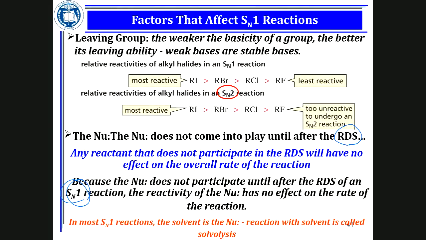So in SN2, the nucleophile comes in before the leaving group has left, but in SN1, the nucleophile is going to wait until the leaving group leaves, and then it's going to come in. So the nucleophile comes in after the leaving group has left in an SN1 reaction.